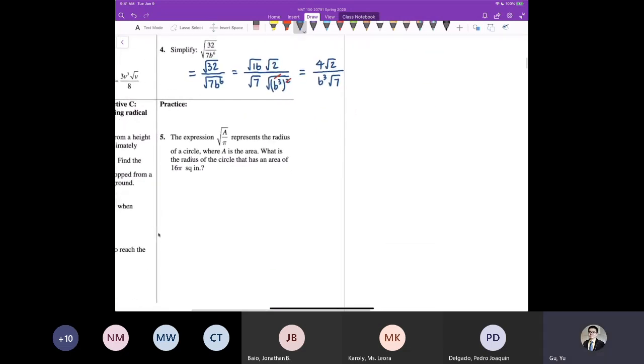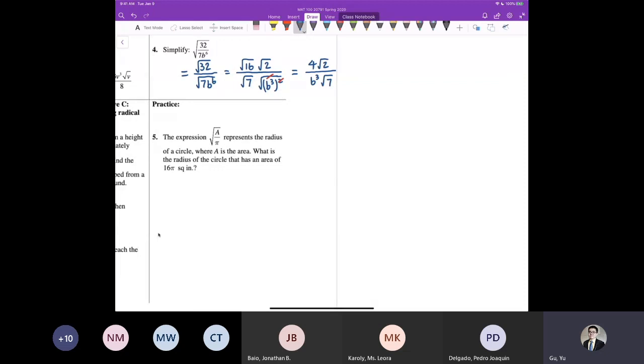Number 5, the expression radical a over pi represents the radius of a circle where a is the area. What is the radius of the circle that has an area of 16 pi square inches? This is giving you the area, asking you what the radius is.